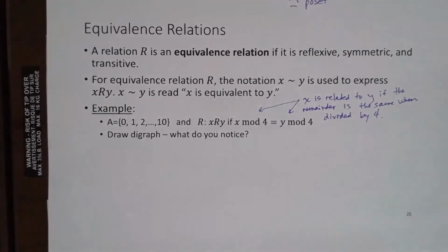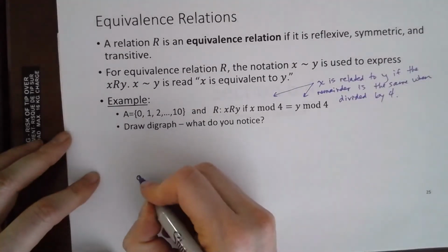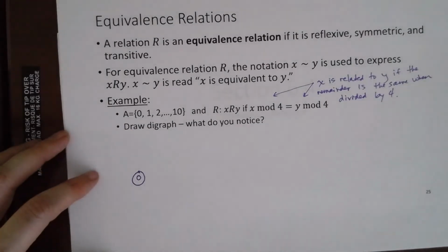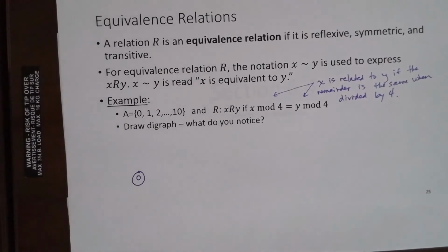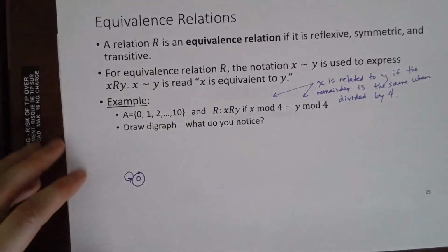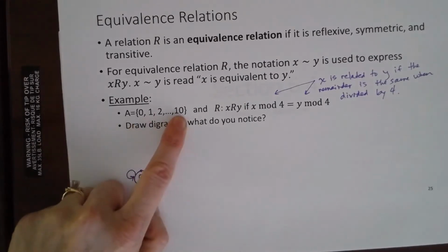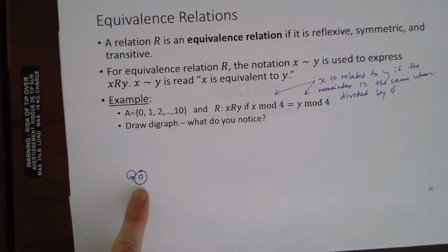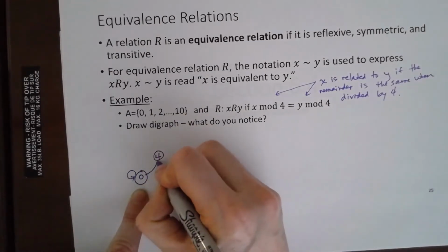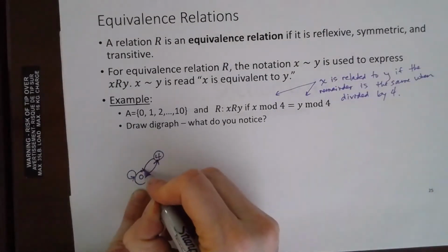Okay, so we have lots of things in this, but let's start with 0. Of course 0 has the same remainder as itself. We're going to actually do the diagram. This isn't a partially ordered set, so we don't get to use a Hasse diagram. What other numbers from this set would give us a remainder of 0 when divided by 4? So 4. 0 is going to be related to 4, and because it's symmetric, 4 is related to 0.